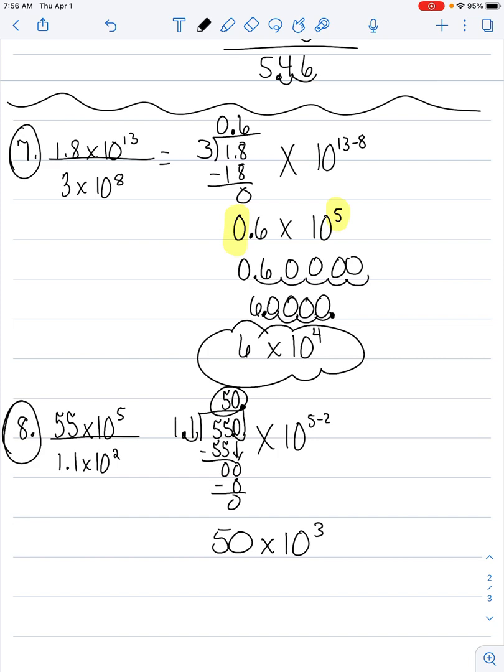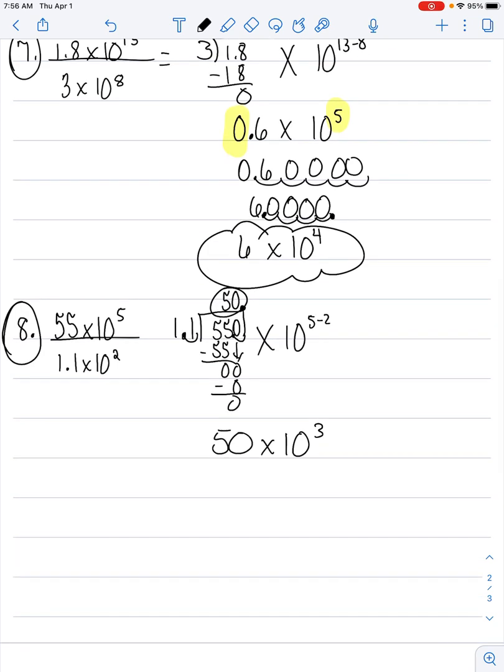And guys, here's another example. Is 50 times 10 to the third power in the correct scientific notation? No, it's not. So I need to change this and rewrite it. So this is 50, my decimal is here, times 10 to the third power. Positive 3 is to the right, 1, 2, 3.